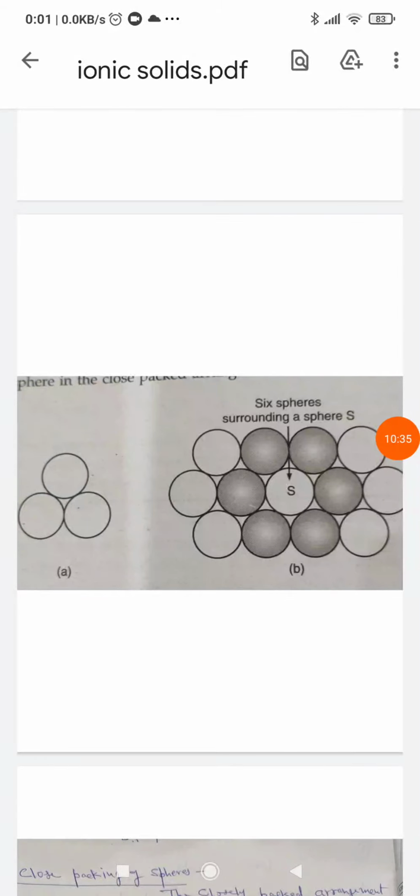Thus, the coordination number of each pair in the close packed arrangement is 6. Now we can say that arrangement 2 represents close packing of these pairs in a layer.